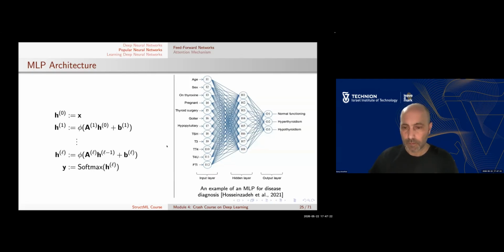Okay, this is an example for disease diagnosis. You can see the features getting in as the input layer, fully connected to the next layer, then the final decision is made here to decide on the terms to predict.